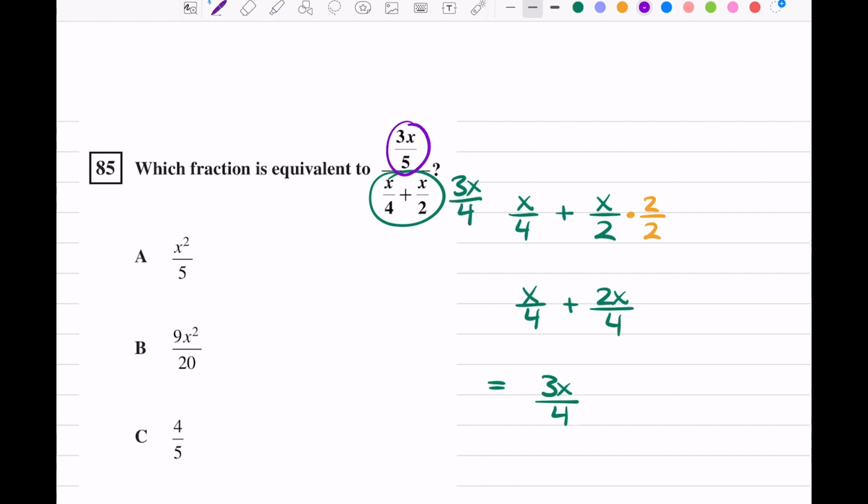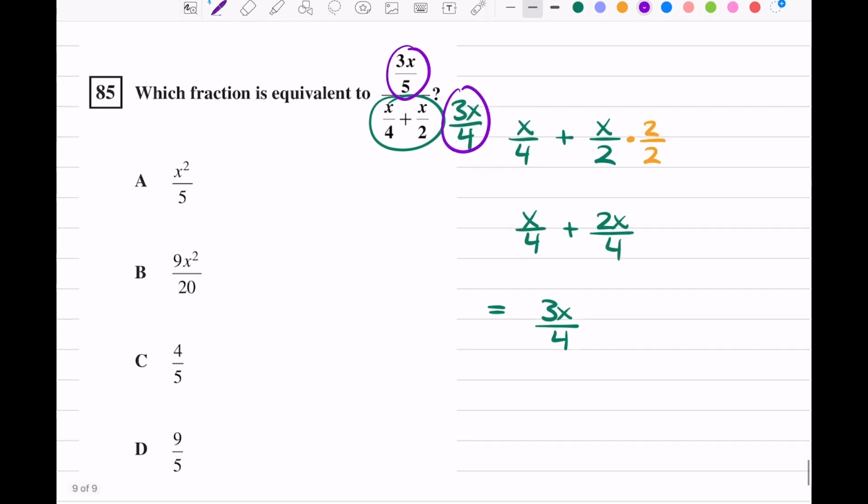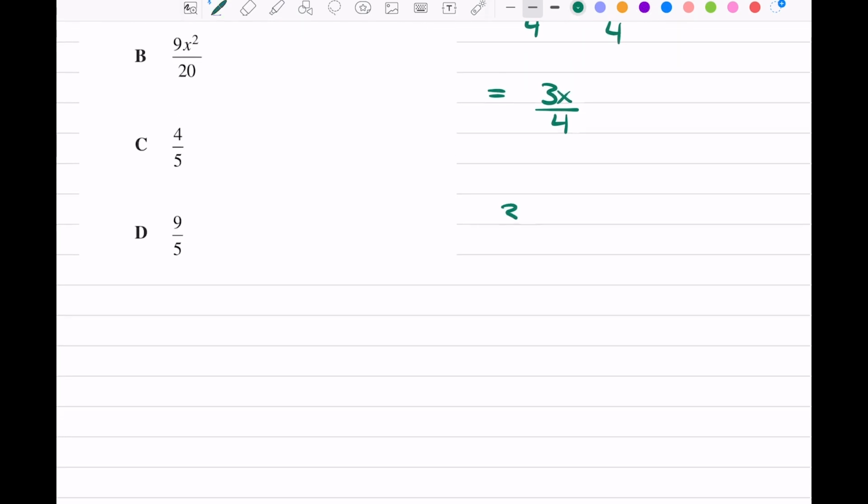So now we have a fraction divided by a fraction. So let's rewrite that. We'll have 3x over 5 divided by 3x over 4. So when we divide fractions, we multiply by the second fraction flipped. So this becomes 3x over 5 times 4 over 3x.